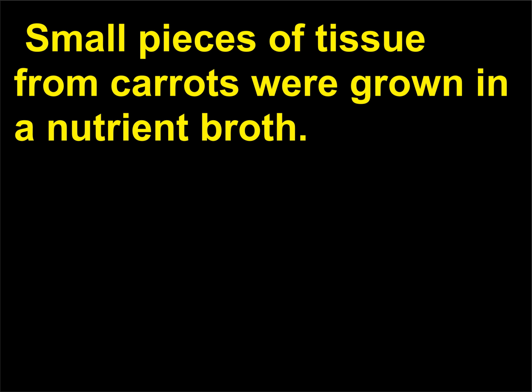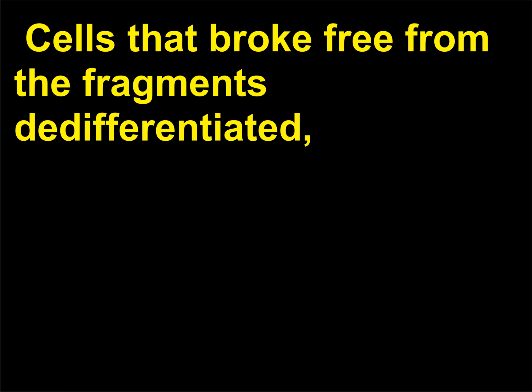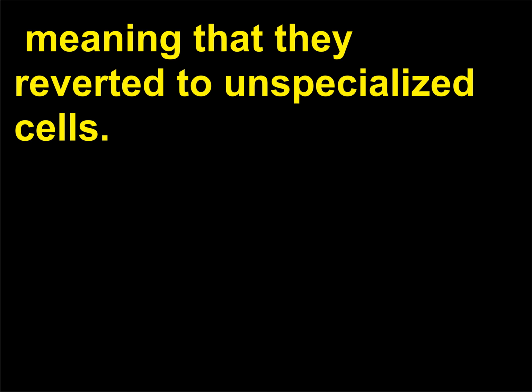Small pieces of tissue from carrots were grown in a nutrient broth. Cells that broke free from the fragments dedifferentiated, meaning that they reverted to unspecialized cells.